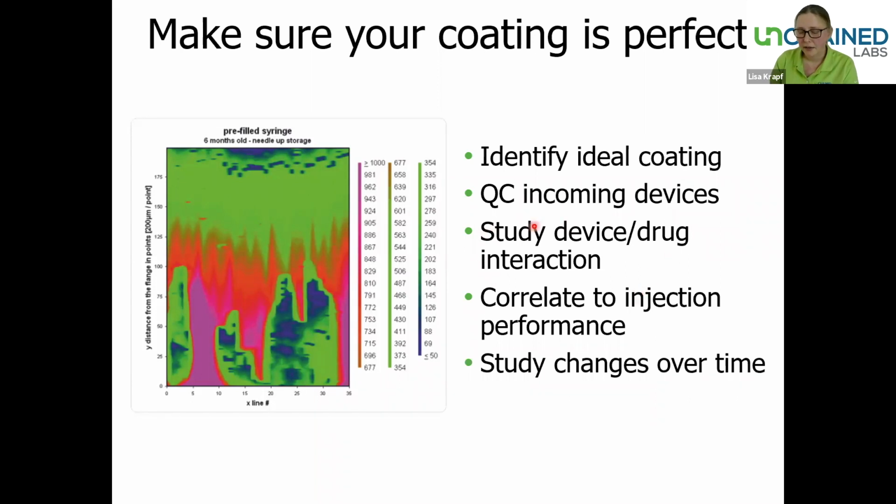Then another example is to study the interaction between the device and the drug. And this example will be covered in the case study.